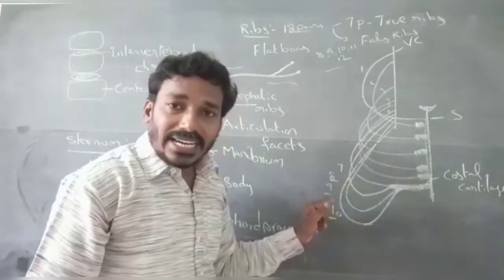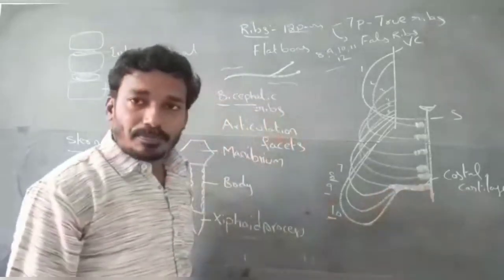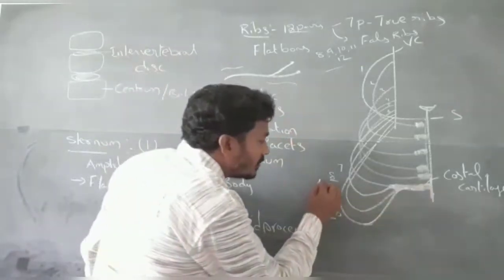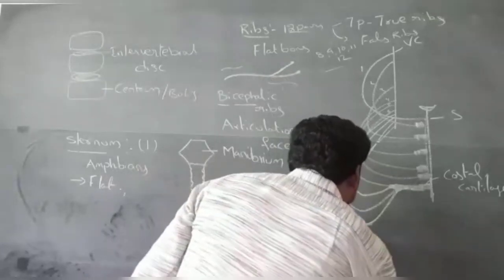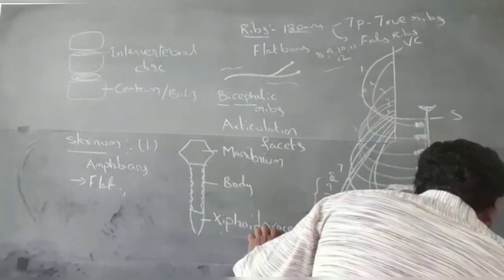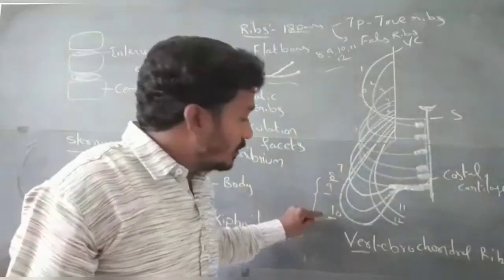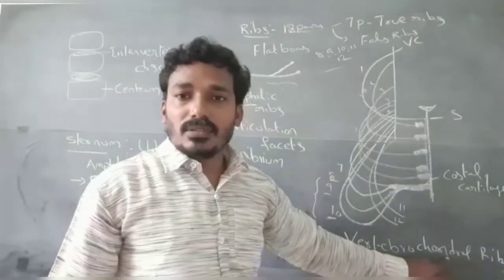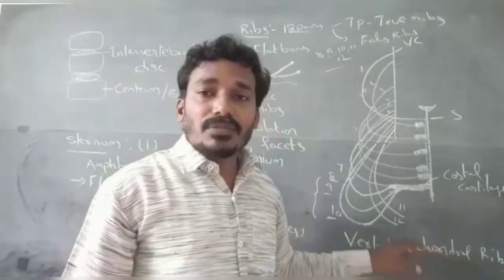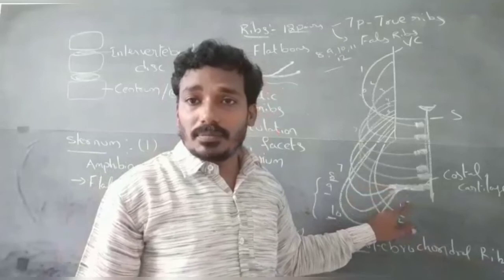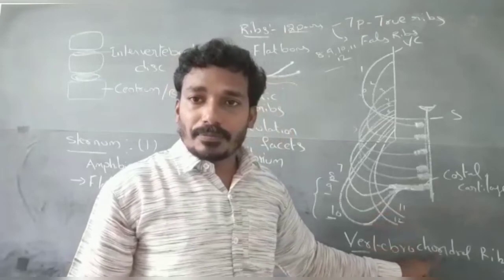These ribs are attached with the cartilage of the seventh rib. So the 8th, 9th, 10th ribs are called vertebrochondral ribs, because these ribs are attached with the cartilage of the seventh rib.